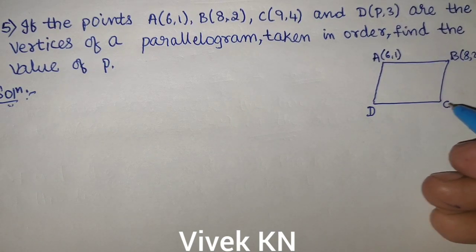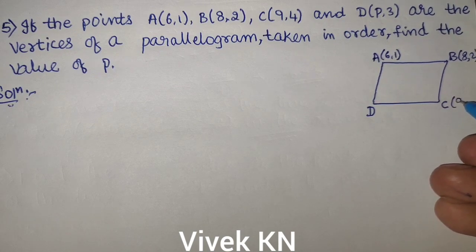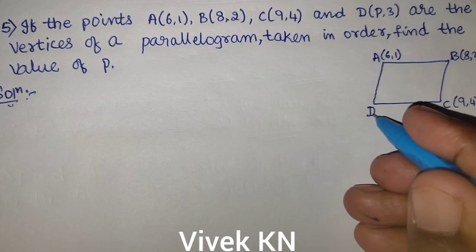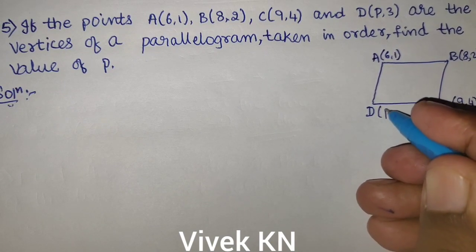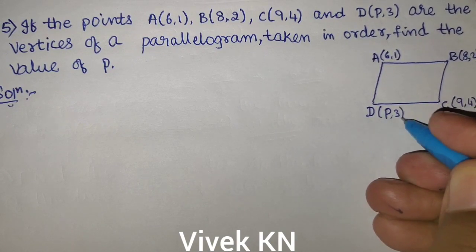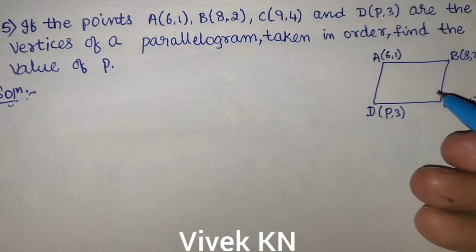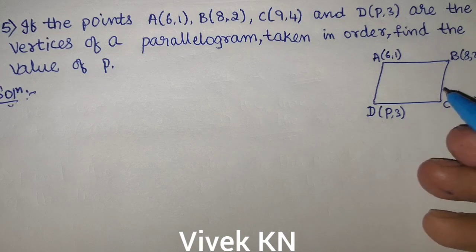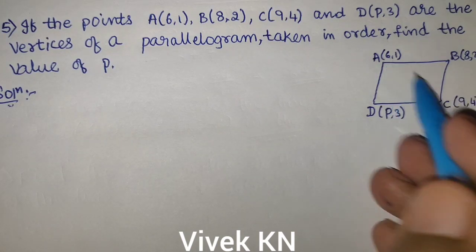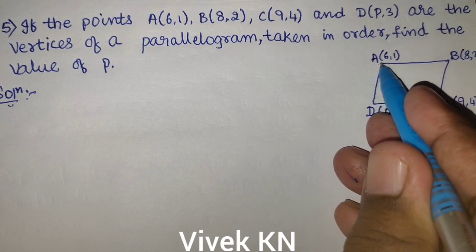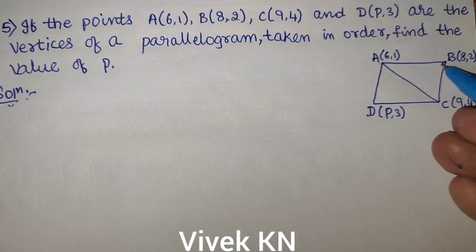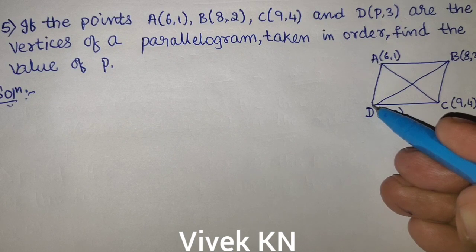The coordinates of point C are 9 comma 4. The coordinates of point D are p comma 3. We know that diagonals of a parallelogram bisect each other. That is, one diagonal of the parallelogram is AC and another diagonal is BD.